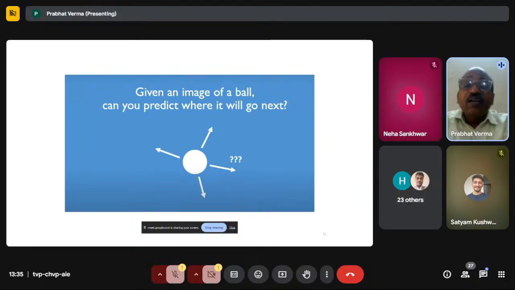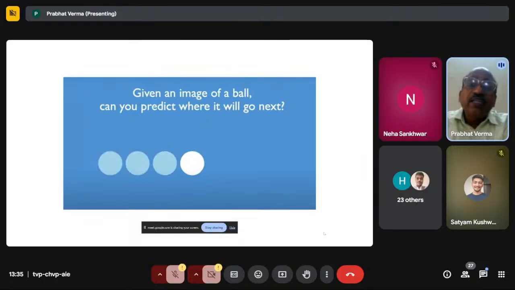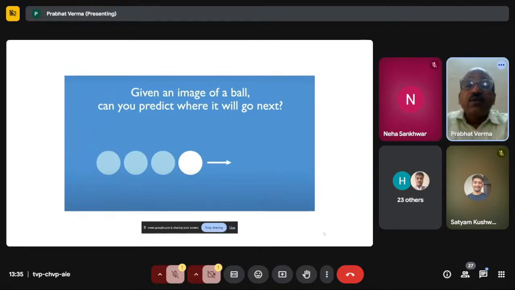So we can give a random guess only. But on the other hand, if you are given prior information about where it was a few seconds back, then our problem becomes much easier. We can predict with much certainty what will be its next position. So this is the importance of sequence.